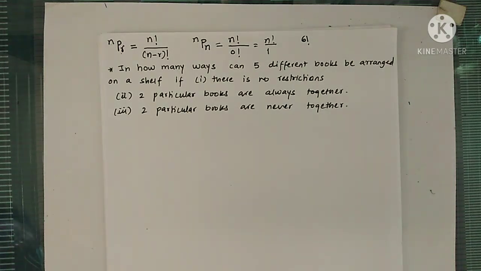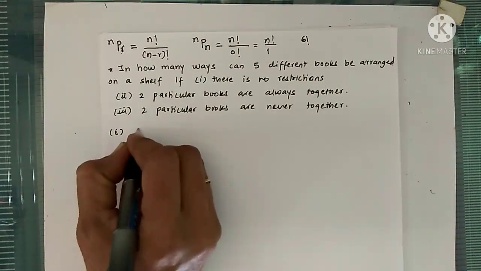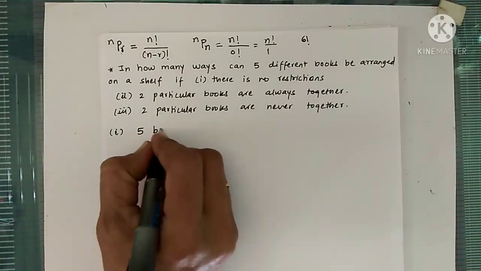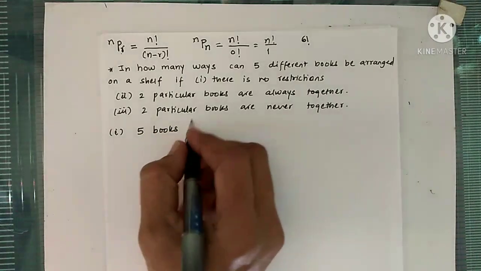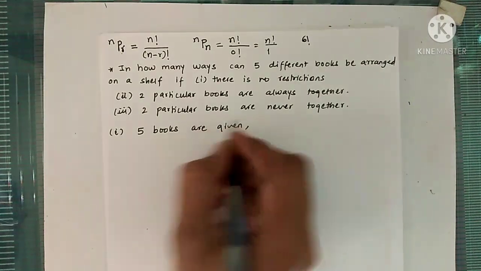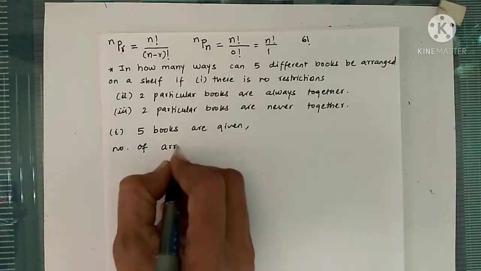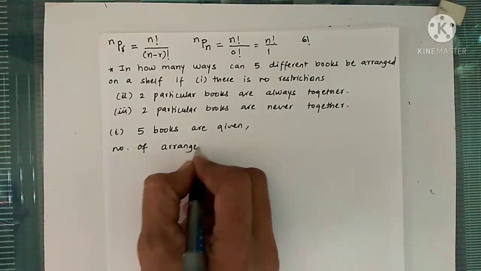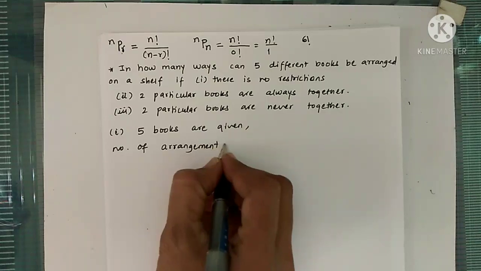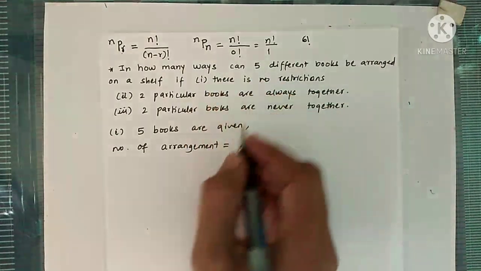5 different books are given and we want to arrange those books on a shelf such that there is no restriction. So 5 books are given and we have to arrange all the 5 books. So the number of arrangements without any condition: if n objects are given and we want to arrange n objects, that can be done in nPn ways.